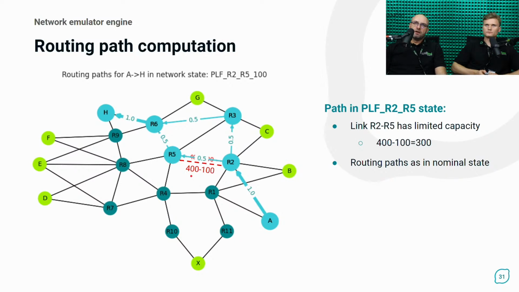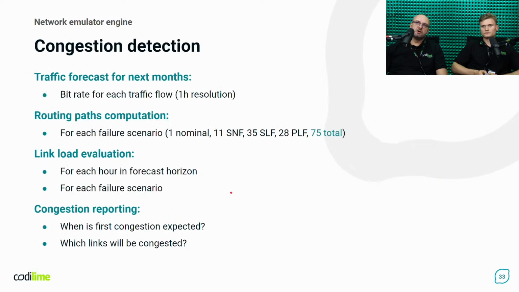Such a situation may also cause congestion. So we are collecting all these routing paths for each end-to-end flow between any edge routers and for each failure scenario. And having such data, we can easily detect future congestion.